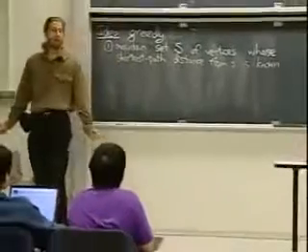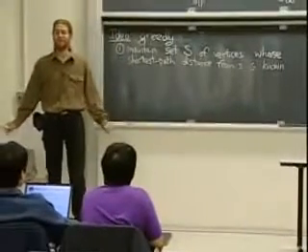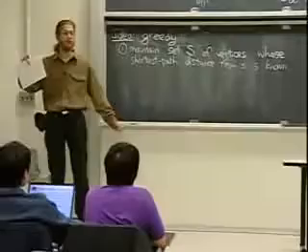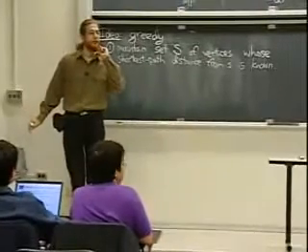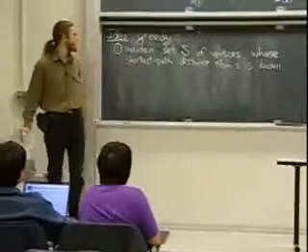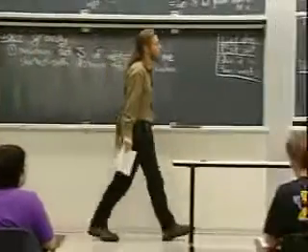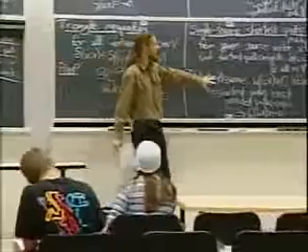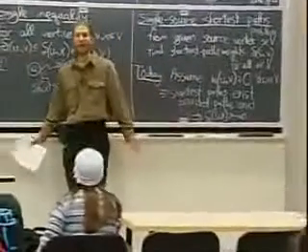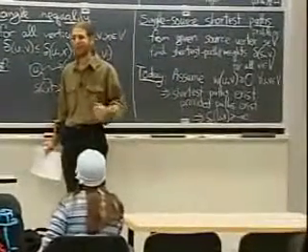So for starters, which distance do I know? Big S? Sorry? S. Yeah, I know the shortest path distance from S to S because if I assume that all of my weights are non-negative, I really can't get from S to S any faster than not doing anything.